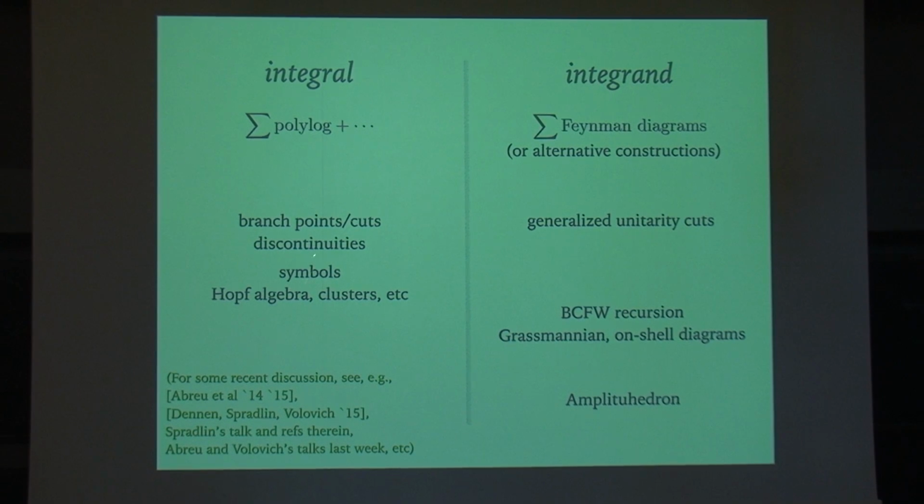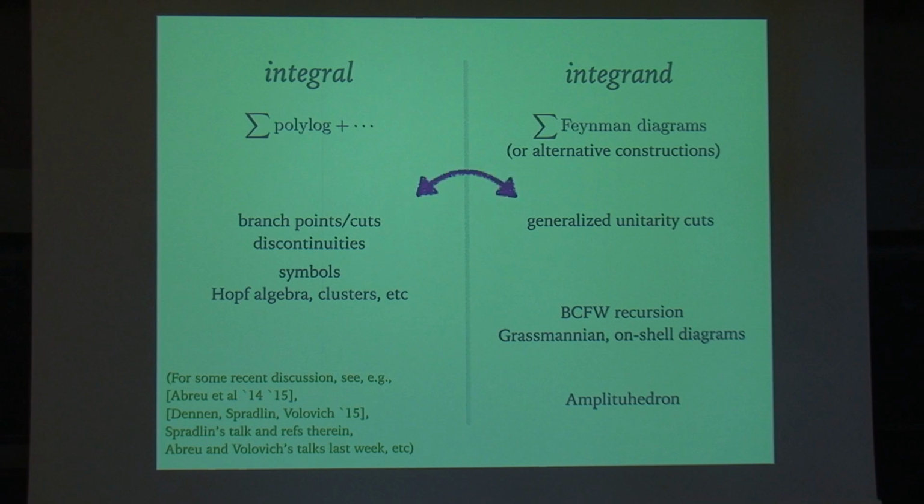However, in comparison, on the integral side, although people have spent tremendous efforts in trying to collect data and understanding structures here, the understanding on this side is still not so well developed as compared to the integrand side. For some recent developments, I refer to these references here, and of course there are many more.